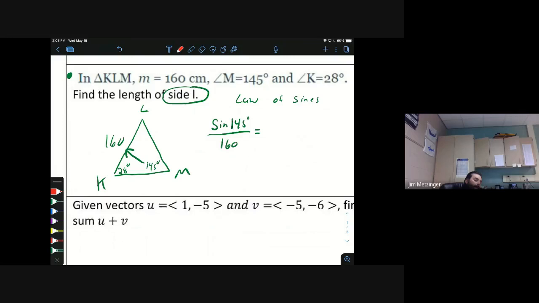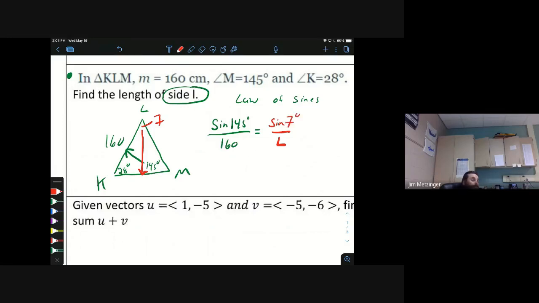So if I can get angle L, I can do the same thing with side L to help me solve. What's the measure of angle L? Add up the two angles, take them away from 180. That's 7.